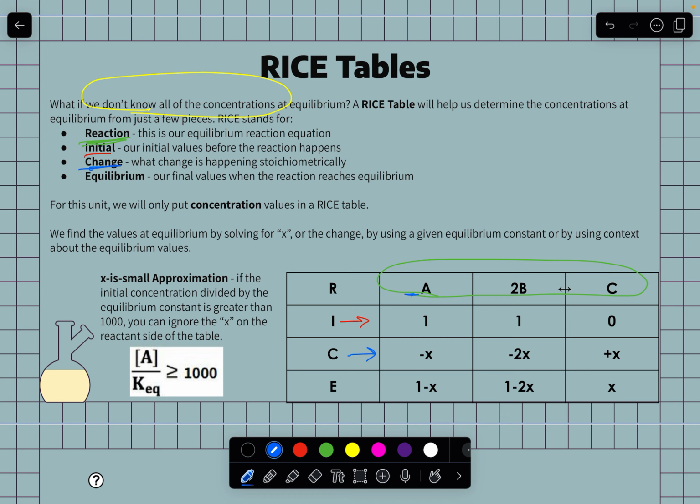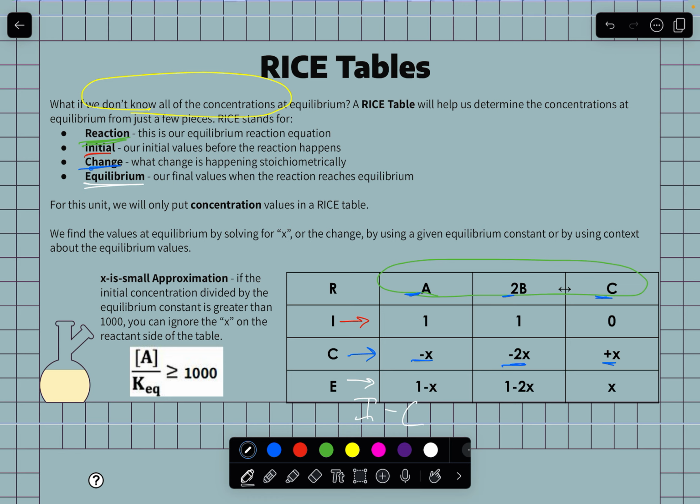So if we have a coefficient of 1, we have just minus 1x. Coefficient of 2 is minus 2x. The products, we're making them, so it's a plus x. Okay, so that's what we do for changes. And then for equilibrium, those are our final concentrations after we reach equilibrium. That's also equal to our initial minus the change. Okay, so equilibrium is the I minus the change.